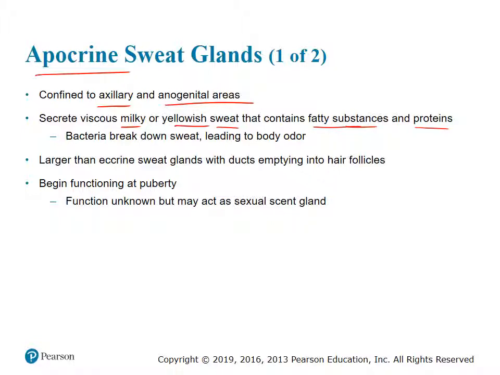Now, bacteria love to consume this fatty substance that gets secreted in the sweat and the proteins that secrete in the sweat, and because of which bacteria will break down or consume those products from sweat. They also have metabolic waste as well.